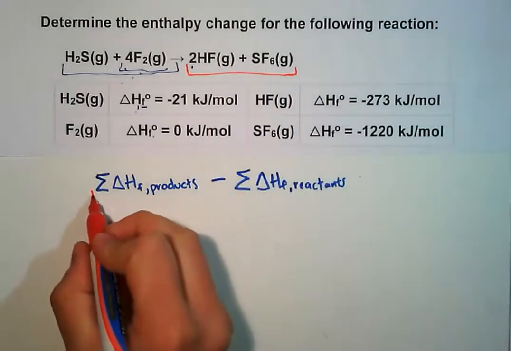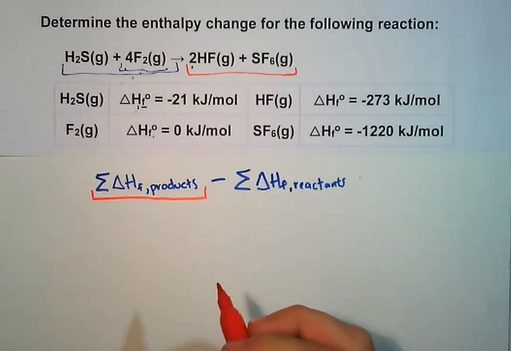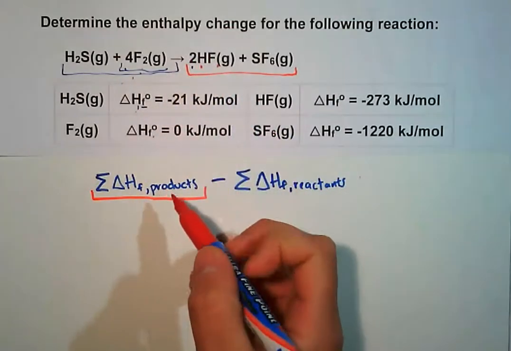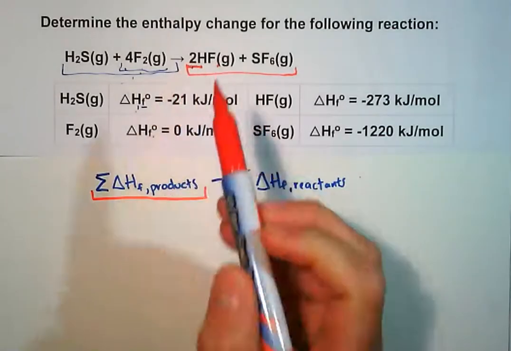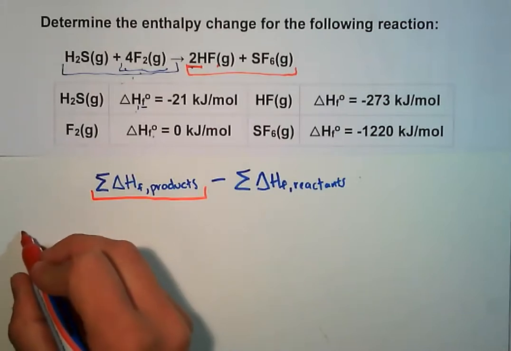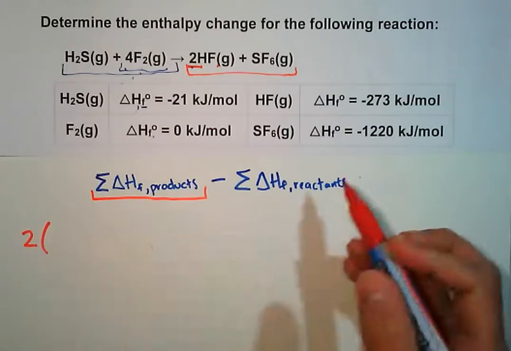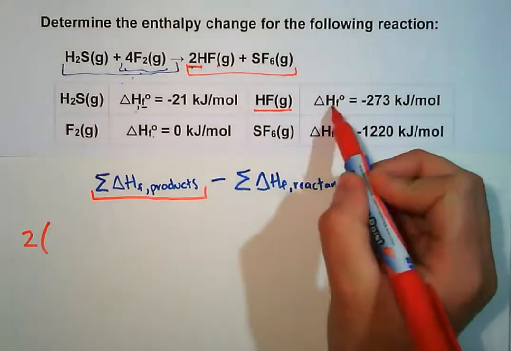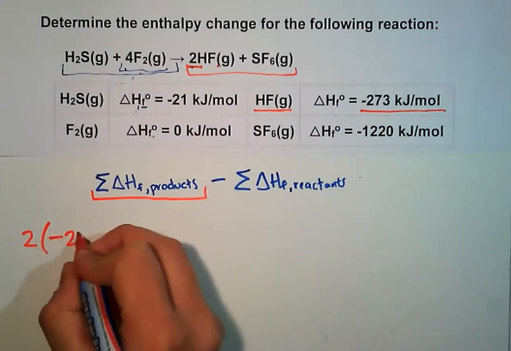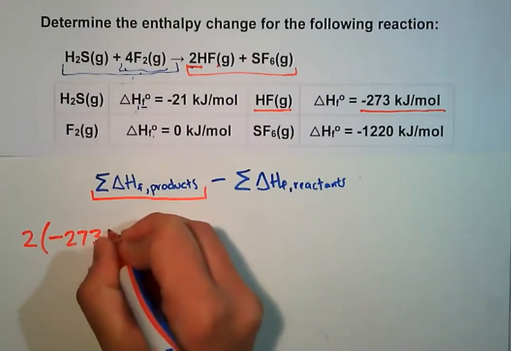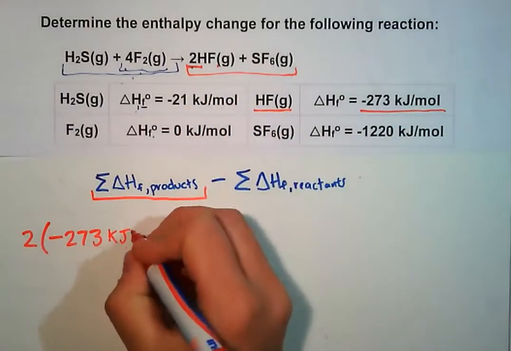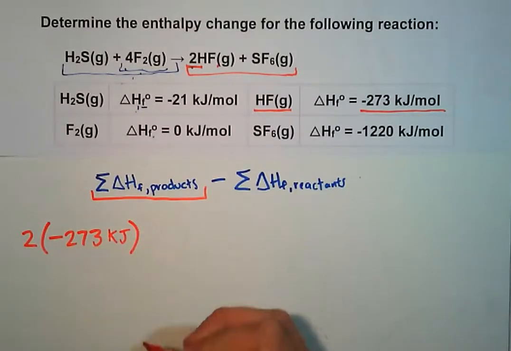Okay, so we're first starting with our products, which we're doing in red. And so let's look for the value of HF, our heat of formation for HF. And notice we have 2 HF, so whatever that heat of formation for HF is, we're going to have to multiply it by 2. So 2 times the value of HF, so I found HF right here, and the enthalpy of formation is negative 273. So 2 times negative 273 kilojoules. And notice per mole, meaning that we have 2 moles, so we're doing this twice because we have 2 moles of it.